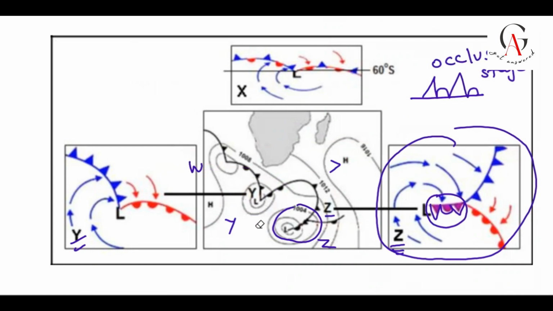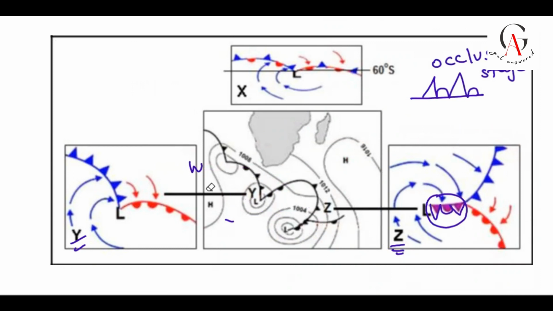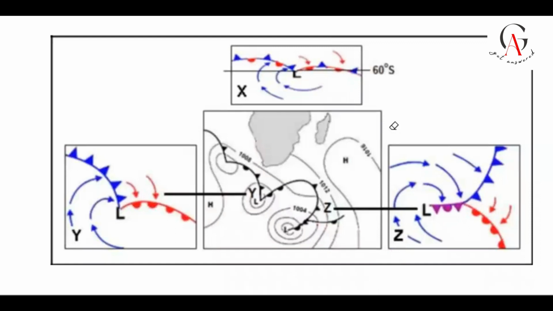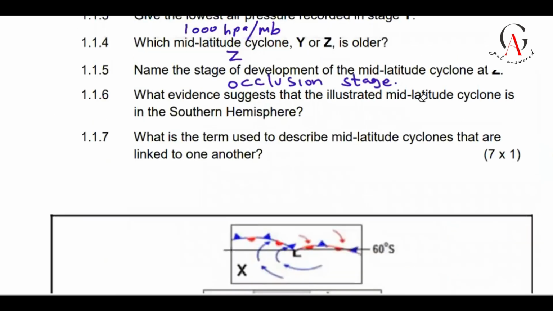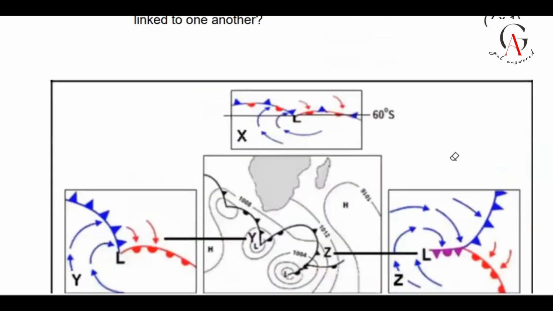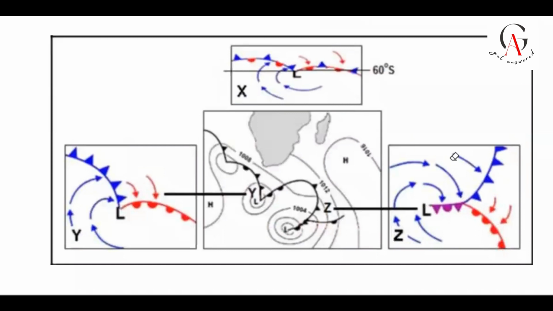Let me try to remove this so that we can see clearly. Okay. So what evidence suggests that the illustrated mid-latitude cyclone is in the southern hemisphere? What can we look at here?